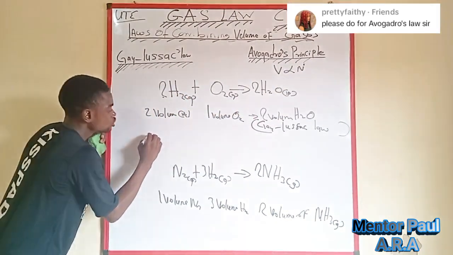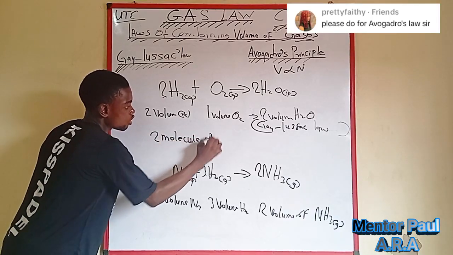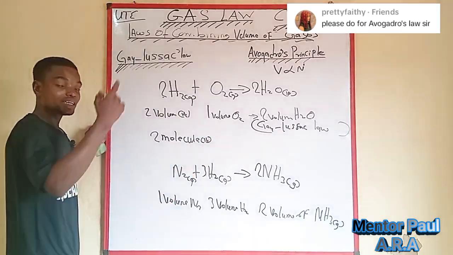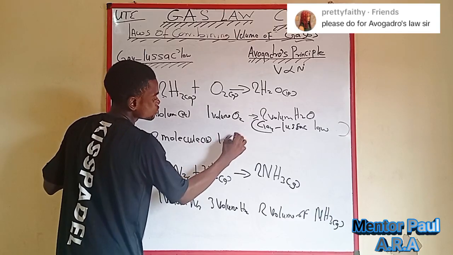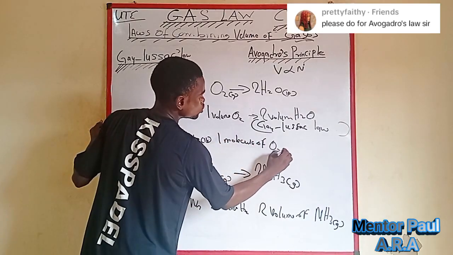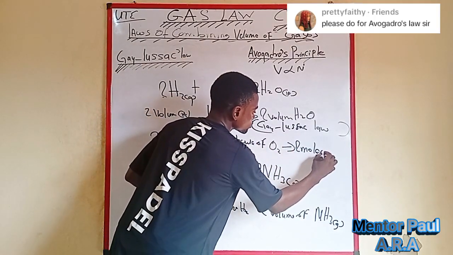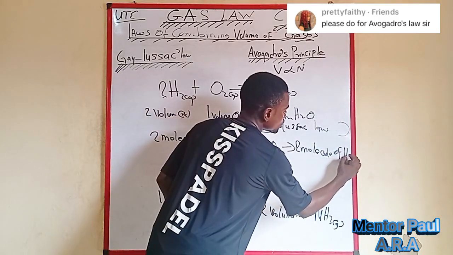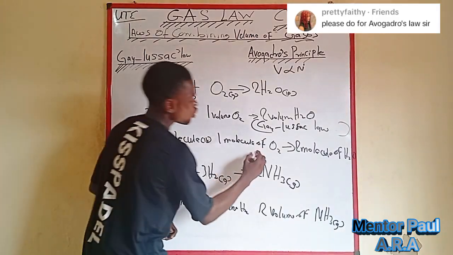I'm going to say that 2 molecules of H2 are needed to react with 1 molecule of O2 to give us 2 molecules of H2O.